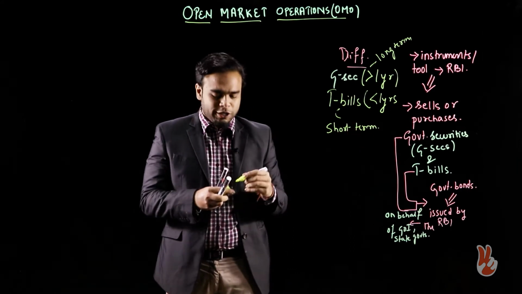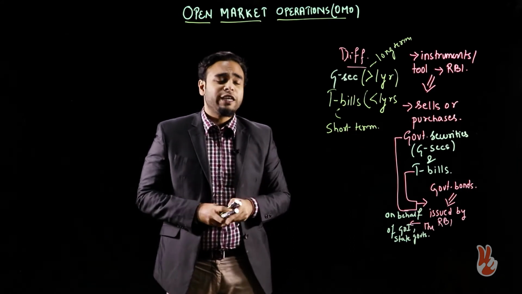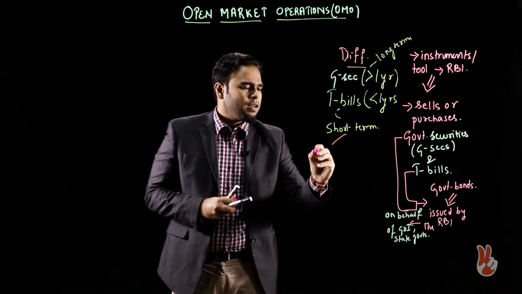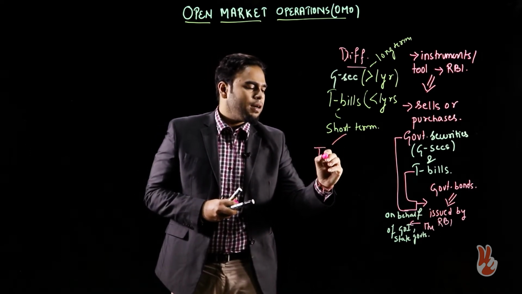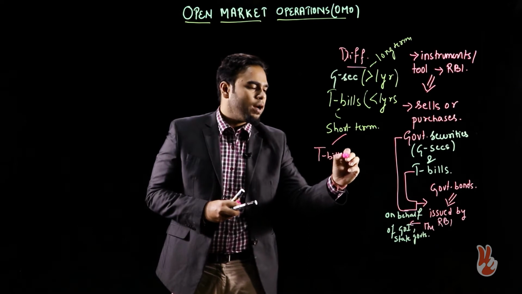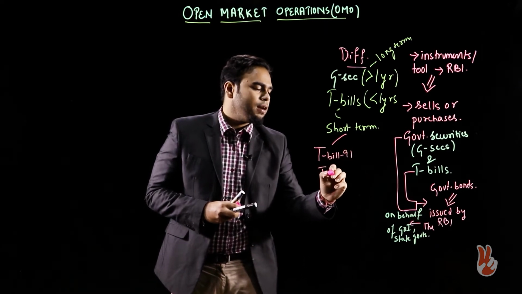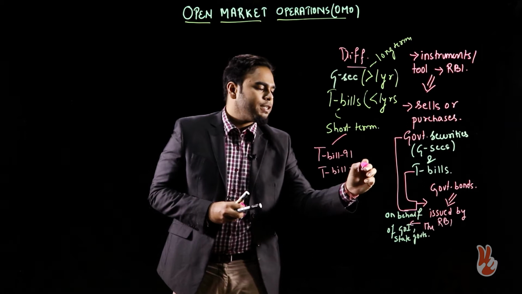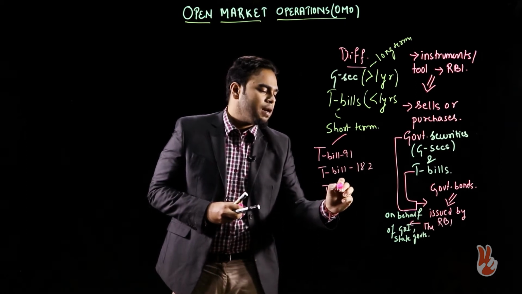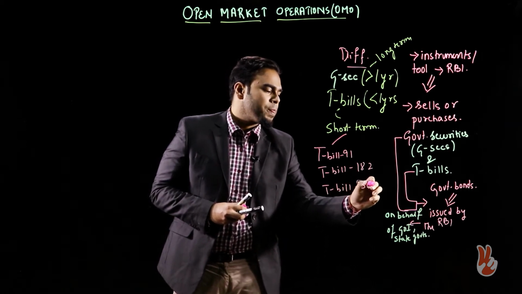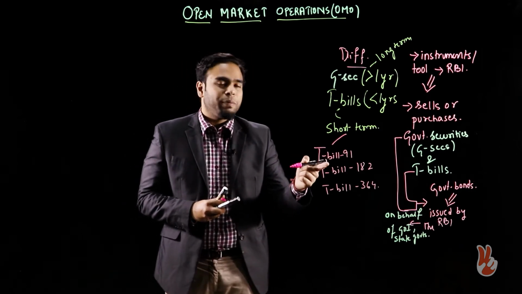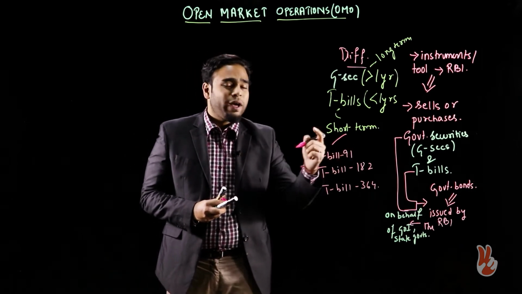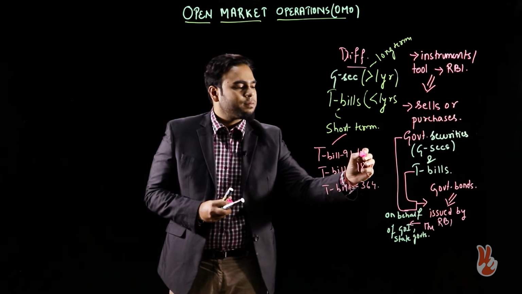Fine. And these Treasury bills have three different types of maturities. One is called your T-bill 91, T-bill 182 and Treasury bill 364. Meaning what? This Treasury bill will have a maturity after 91 days.